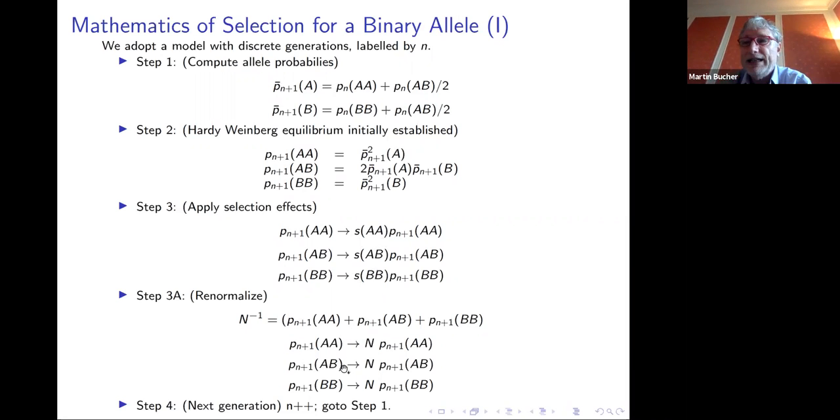So the idea is that the total size of the population is determined by other considerations and can just be factored out. So this doesn't affect whether the population is expanding or contracting. That's sort of a side issue. And then we repeat this generation after generation.